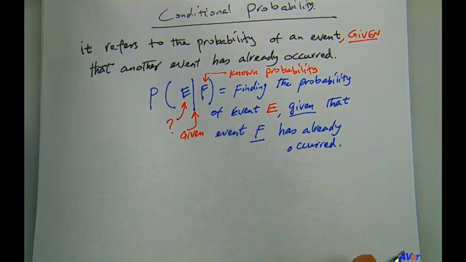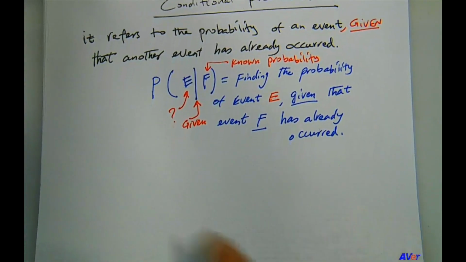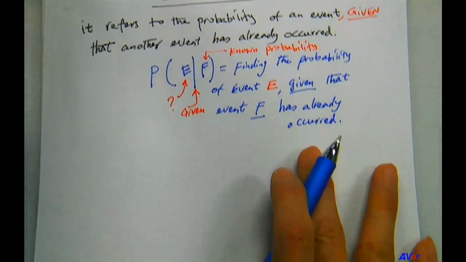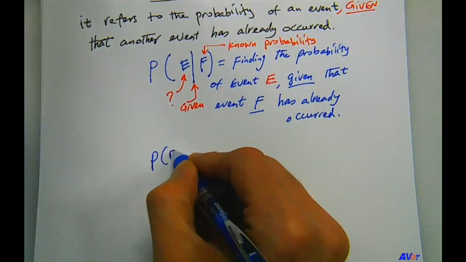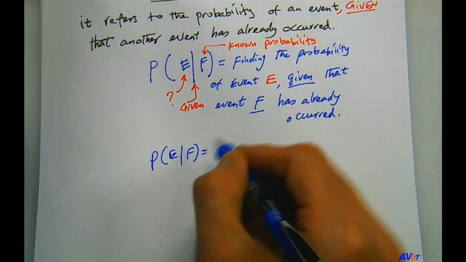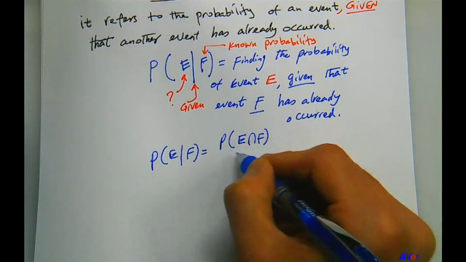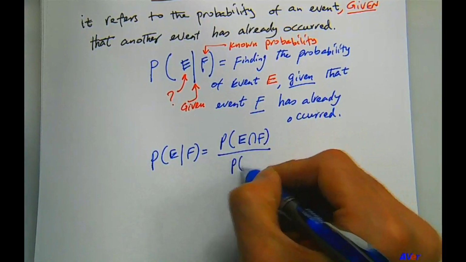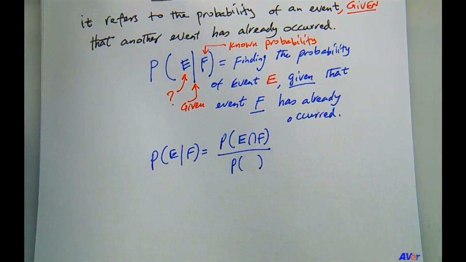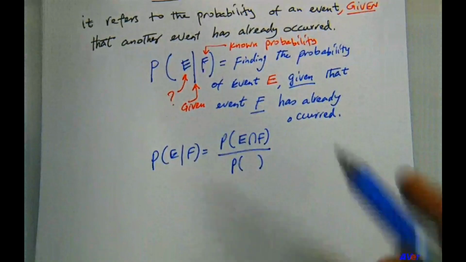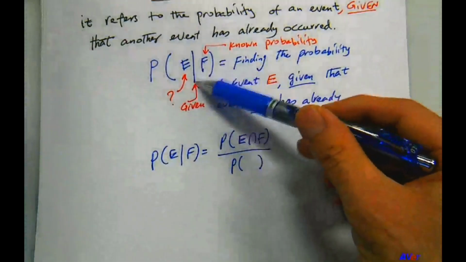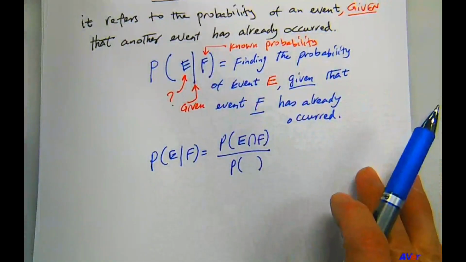Now there's a formula with that notation, and here's that formula. We have the probability of E given F equals probability of E intersection F divided by probability of one of these two events. Now look at this description of the notation.